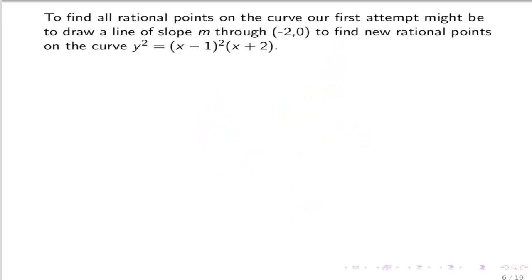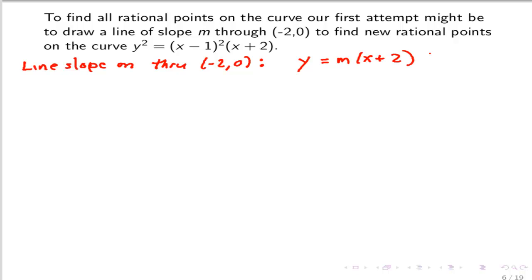So what is the line of slope m passing through -2, 0? So that would be y minus 0 is m times x plus 2.